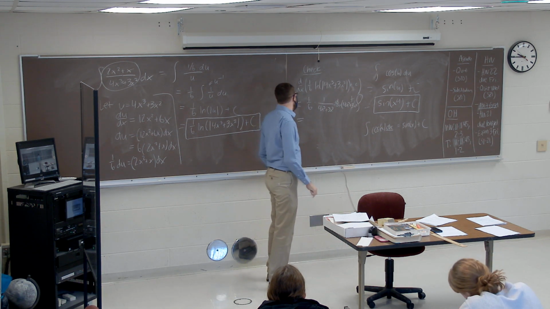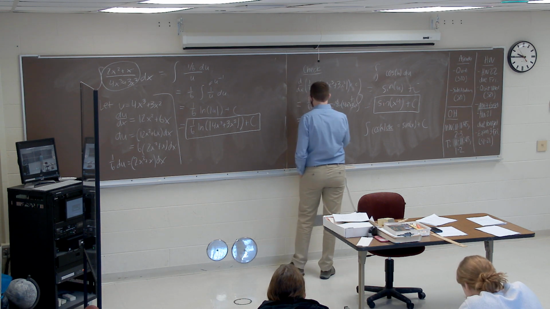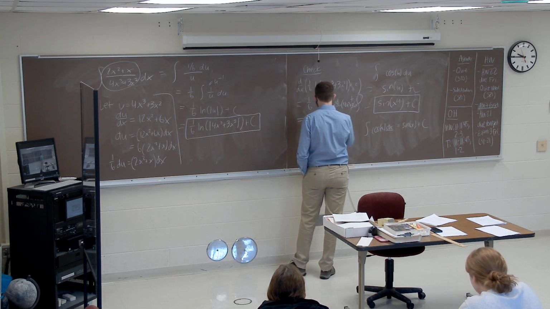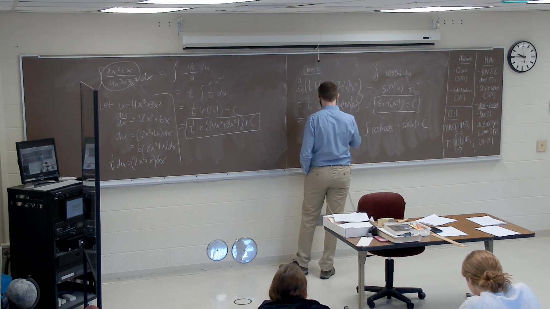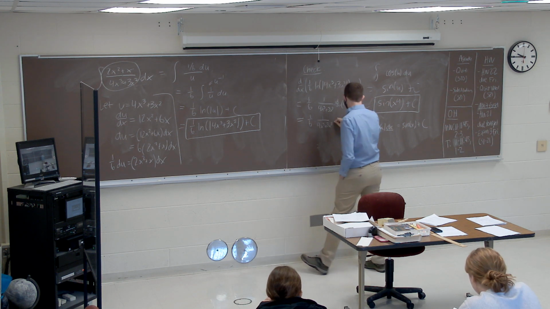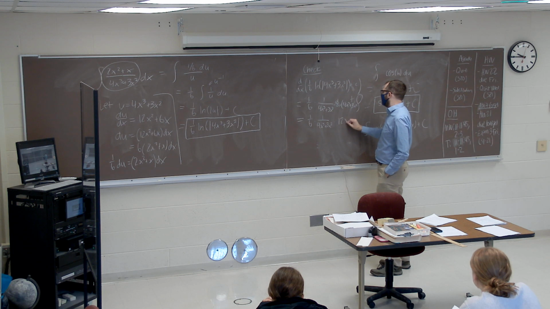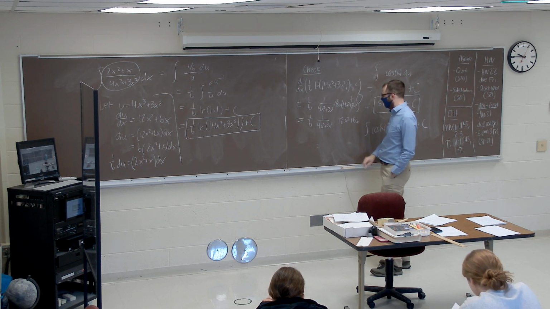Which, when we write that out, is going to be 1/6 times 1 over 4x cubed plus 3x squared times 12x squared plus 6x.